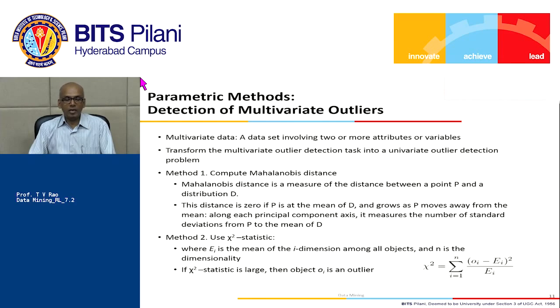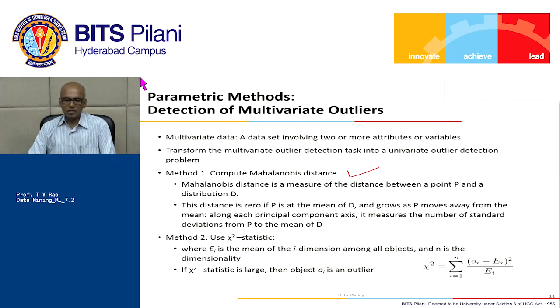If we have data objects which are multivariate, then it's going to be more challenging. We can convert the multivariate into univariate, and then we will be able to detect. One way we can do this conversion or transformation is using the Mahalanobis distance.